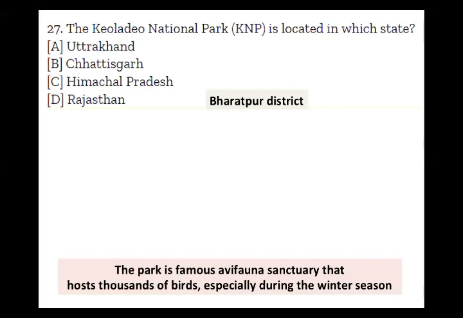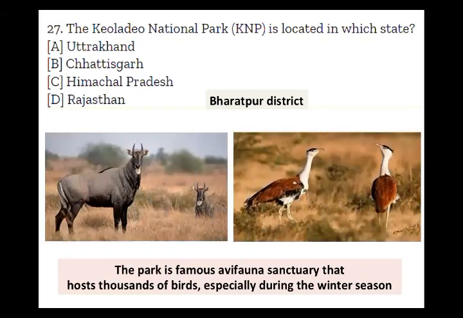Further, it's called a wonderful nesting site for the winter birds. Naturally, nilgai is one of the very good herbivores found in the desert zone, and on the right side you can see the Indian bustard. It's a bird species typically inhabiting the desert zone. It's now under the critically endangered category.